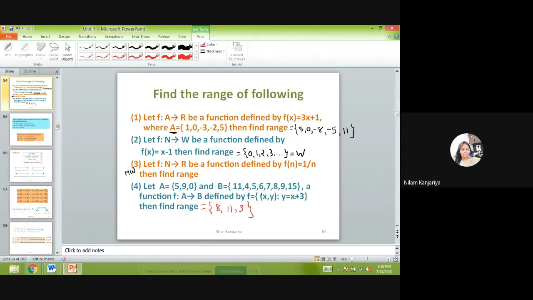Right. There is also some mistake I can make. 9 plus 3 is 12. One second, Ibrahim, you are right, but I made some mistake in writing.